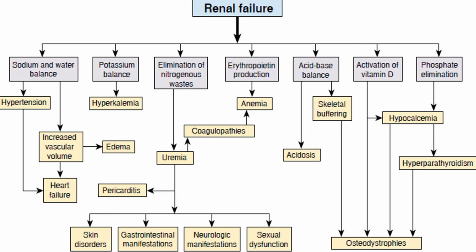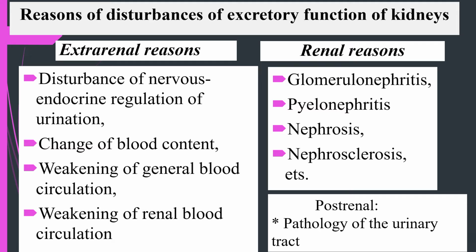Disorders of vitamin D activation and phosphate elimination form hypocalcemia and hyperparathyroidism. Finally, osteodystrophies. Reasons of disturbance of excretory function of the kidney. There are an extrarenal reason, renal reason, and postrenal reason.